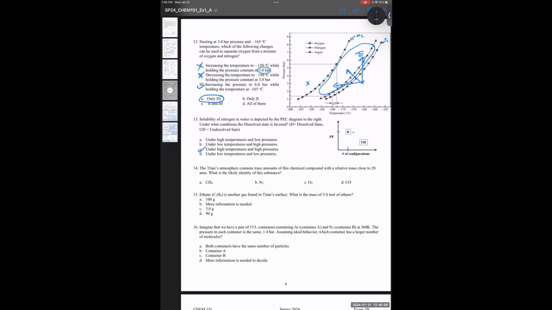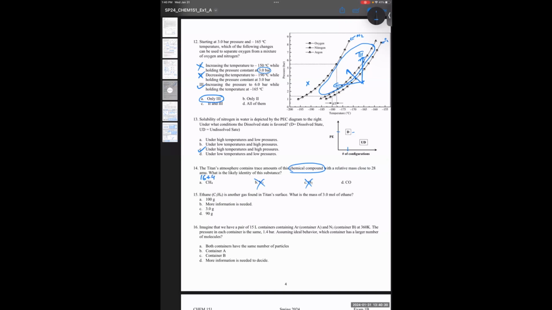All right, question 14. The Titan's atmosphere contains trace amounts of this chemical compound with a relative mass close to 28 AMU. What is the most likely identity of this substance? So we're talking about a chemical compound. Okay, so these two are out, and CH4 has a relative mass of 16 plus 4.